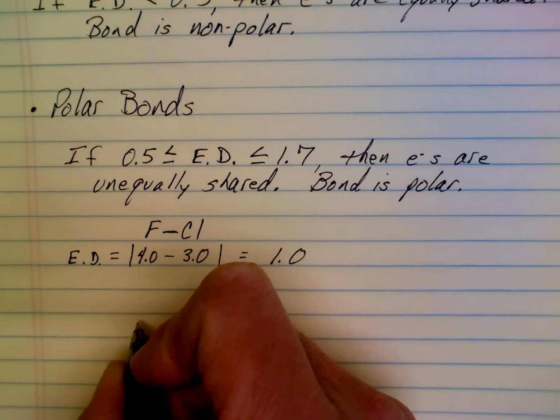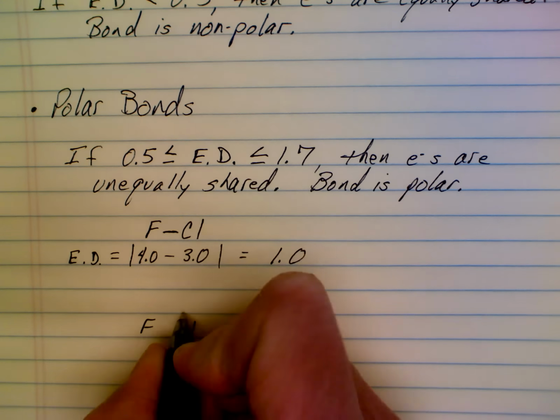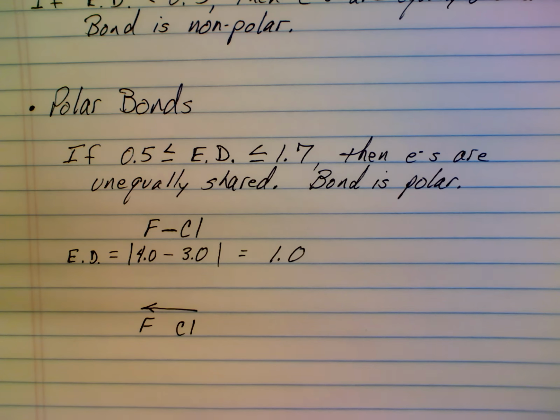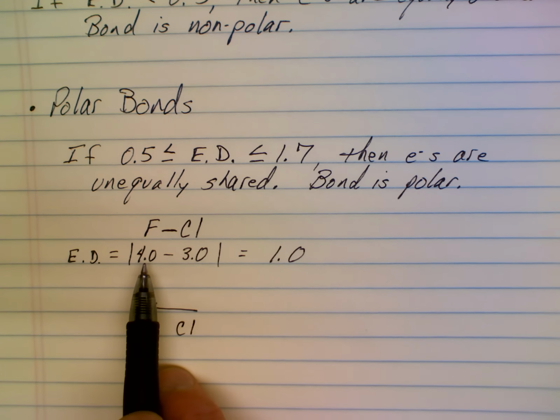So what that really means is the electrons will have a tendency to be pulled towards the fluorine because the fluorine has a higher electronegativity. And again, the definition of electronegativity is an atom's attraction for electrons in a chemical bond.